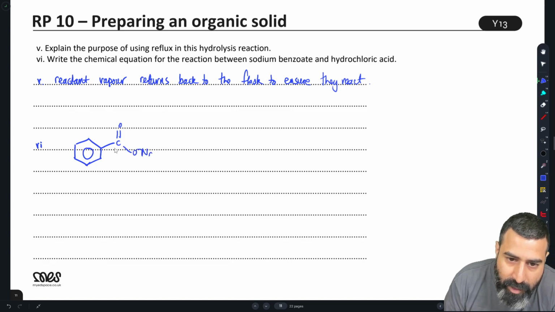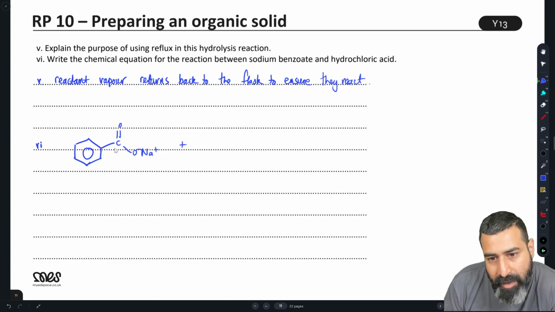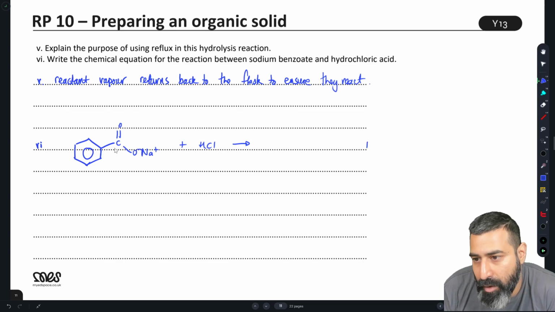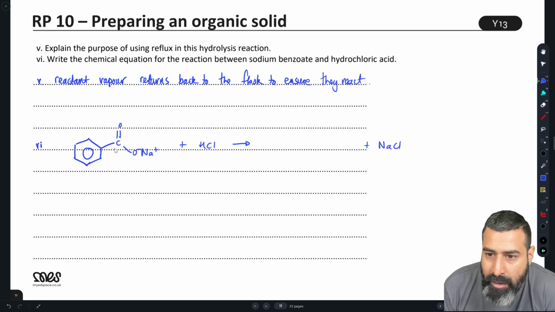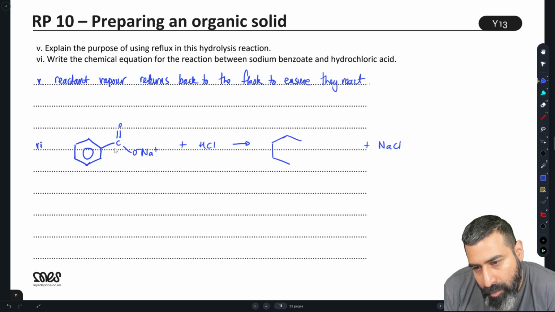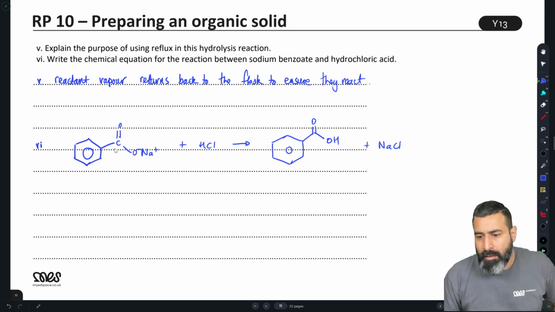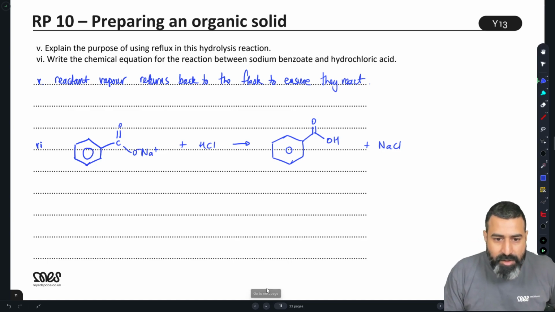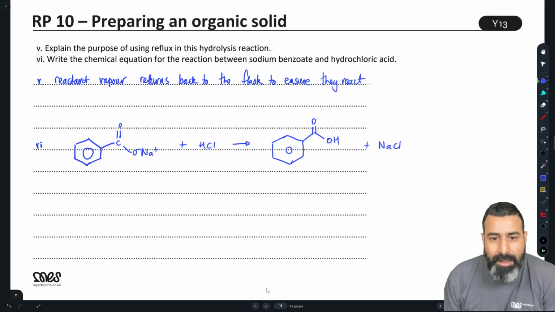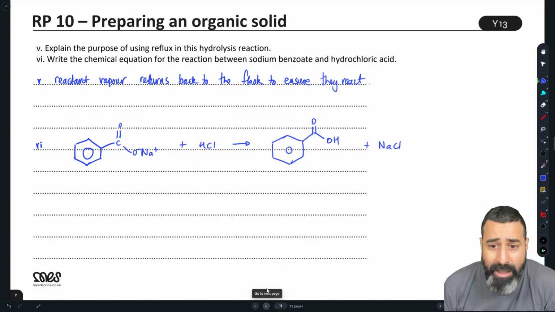So here's my sodium benzoate, and if I add HCl, the driving force for this reaction is the formation of NaCl, and then we're going to form my benzoic acid here. Sorted. Okay, so we've gone from the sodium salt to the acid by reacting or work up with an acid.